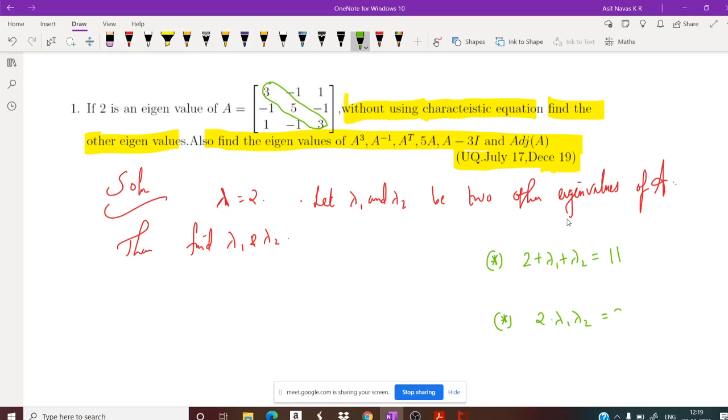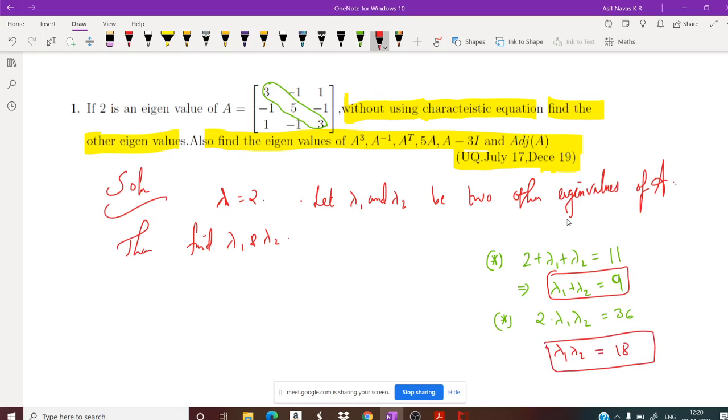Is it 36? Yes, 36. So from here, 2 plus lambda 1 plus lambda 2 is equal to 11. Therefore lambda 1 plus lambda 2 is equal to 9, right? Now from here lambda 1 into lambda 2 is equal to 18.